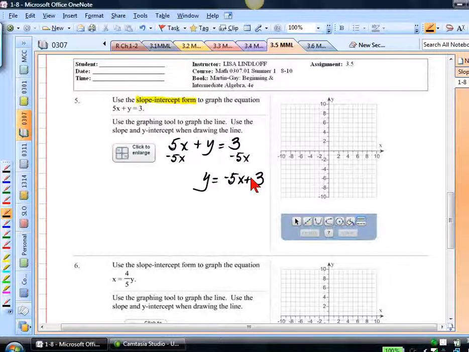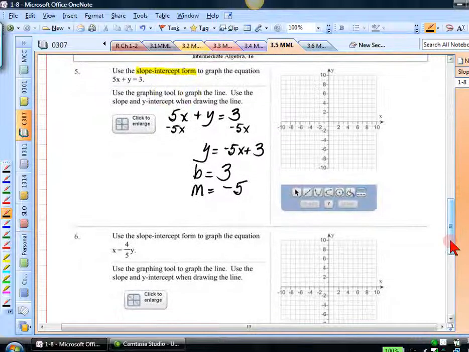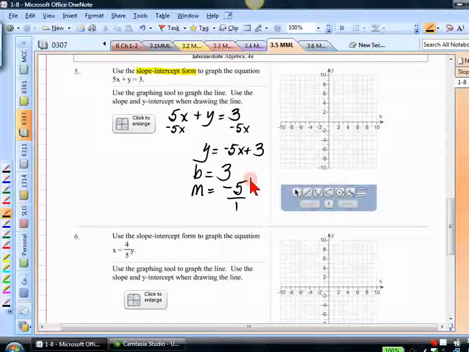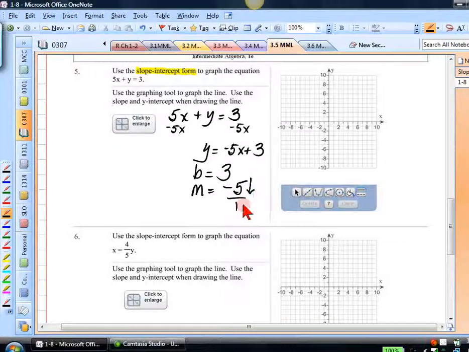If you're using slope-intercept, where do you begin? 3 on the y-axis. And how do you move? Well, the slope is negative 5. I need a numerator and a denominator. Put it over 1. What does that mean you do for the rise? Down 5, and for the run, right 1.